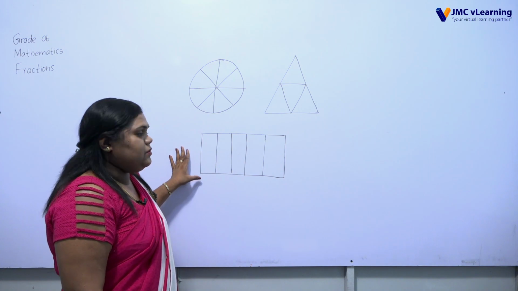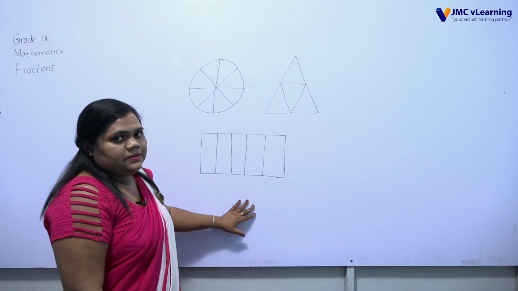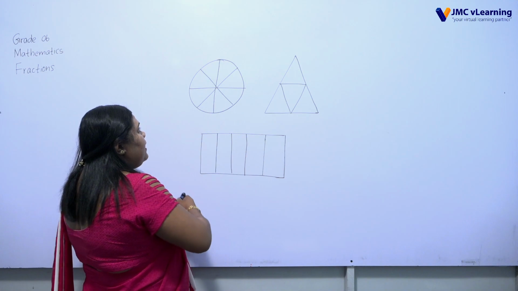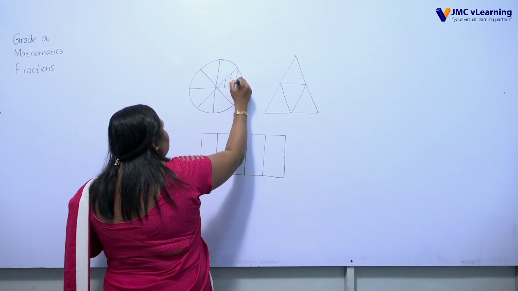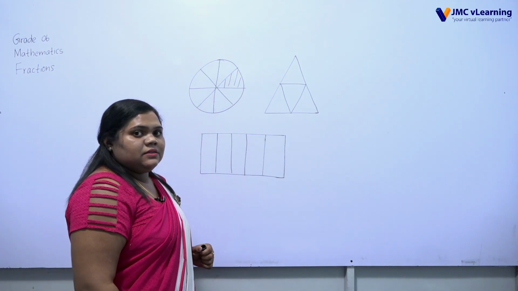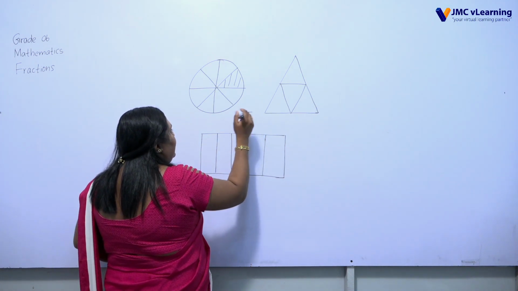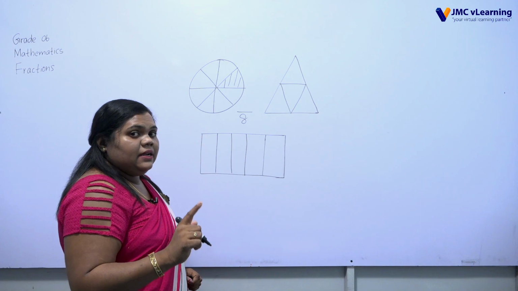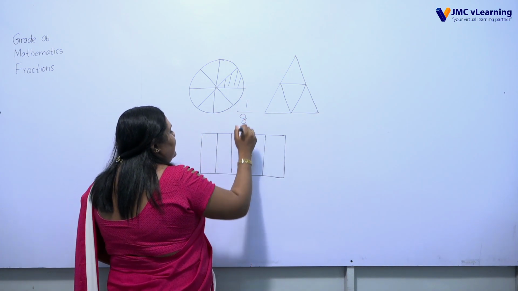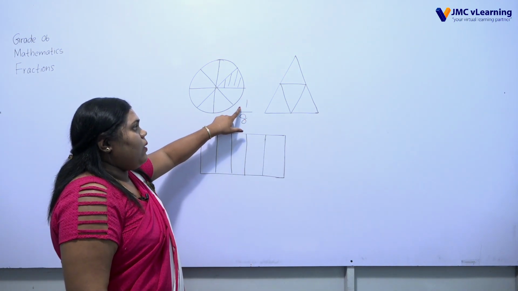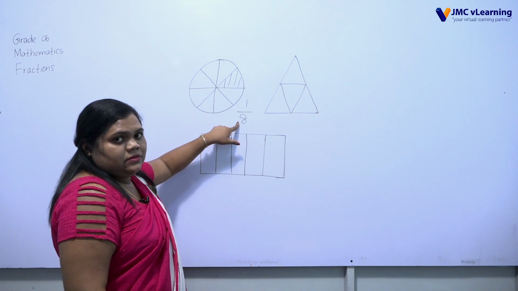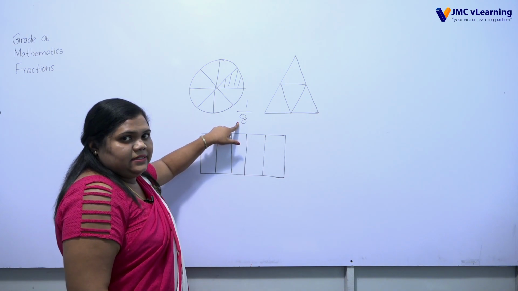I have divided this into 5 parts. Now if I color one part of this circle, how can I write this? There are 8 parts and I have colored one part. So I can write that as 1 out of 8 or 1/8.